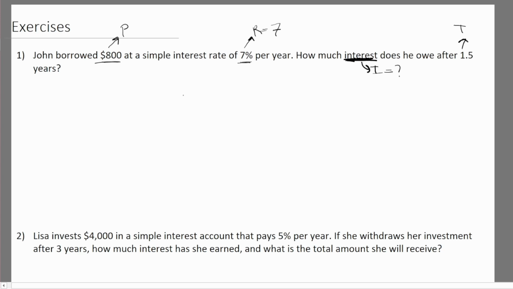This is the straightforward question. You can just say I is equal to P multiplied by R over 100 multiplied by T. While I is unknown, P is 800 and R is 7 over 100 and T is 1.5. Now I can just go ahead and plug this on the calculator.